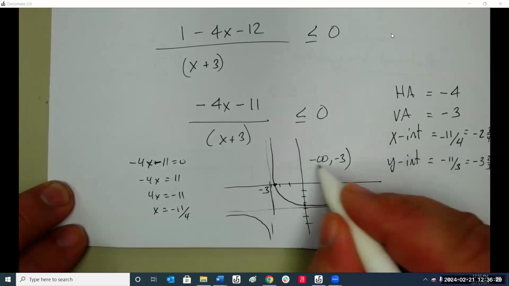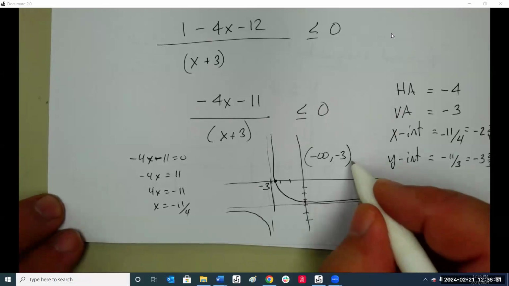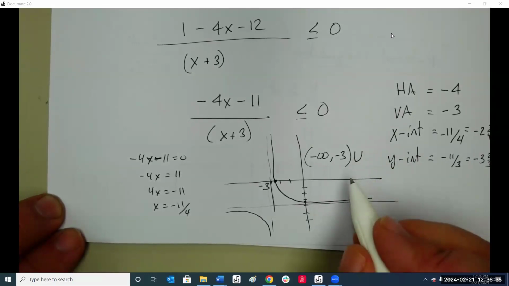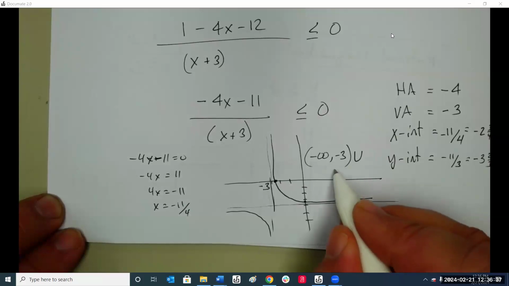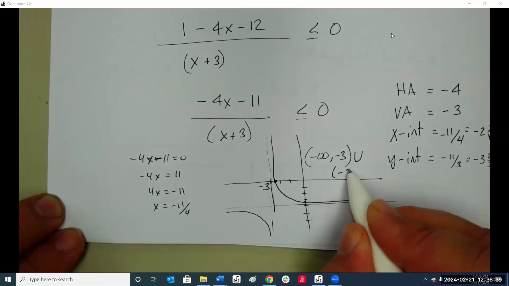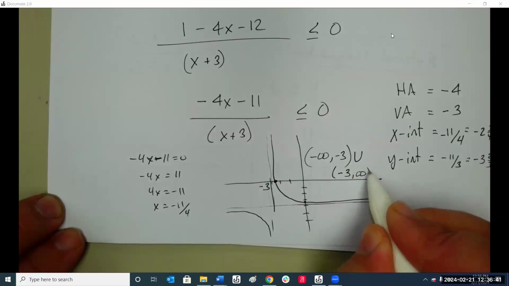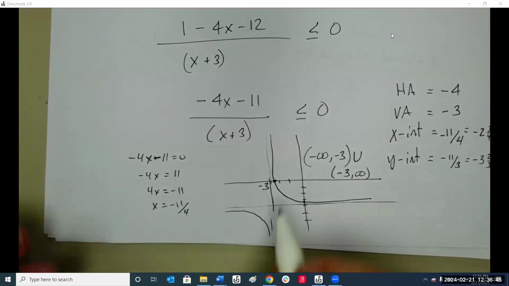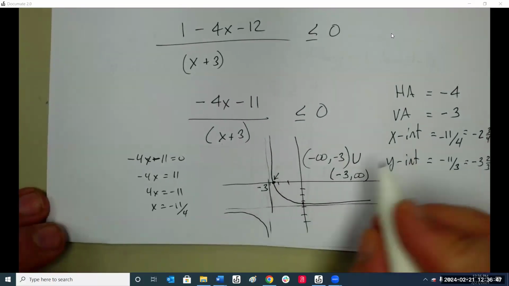Union. Well, actually, it's from this intercept, not negative 3.